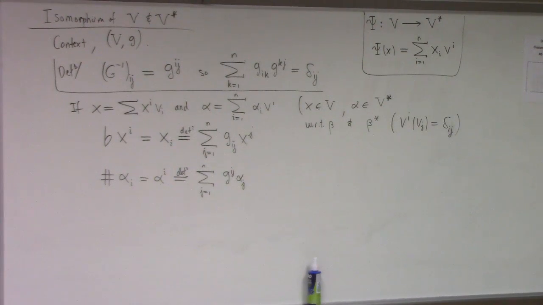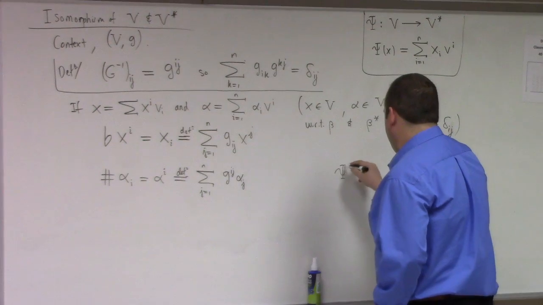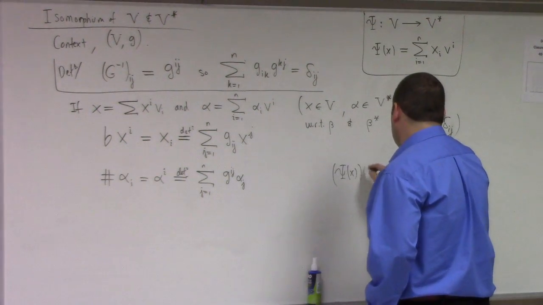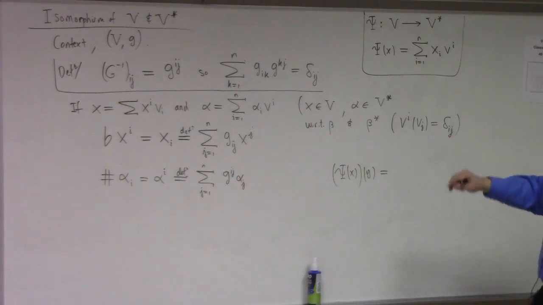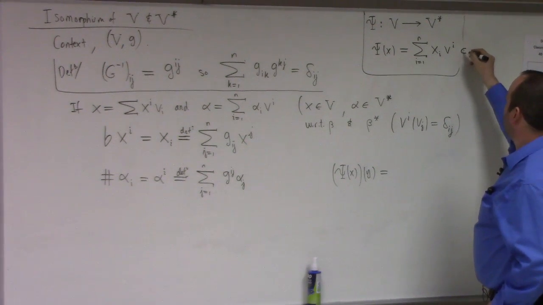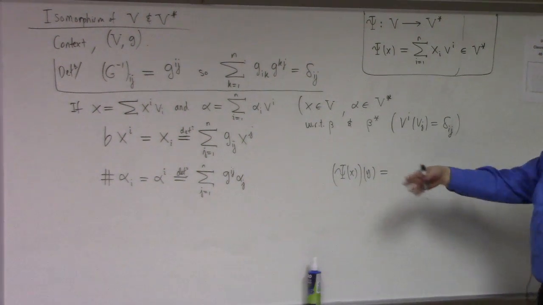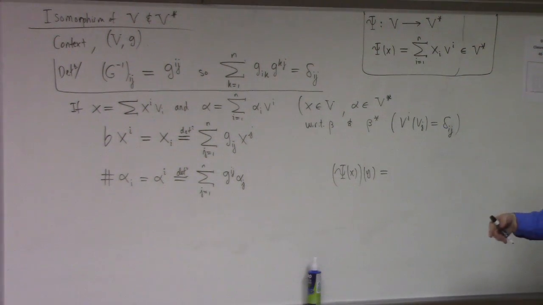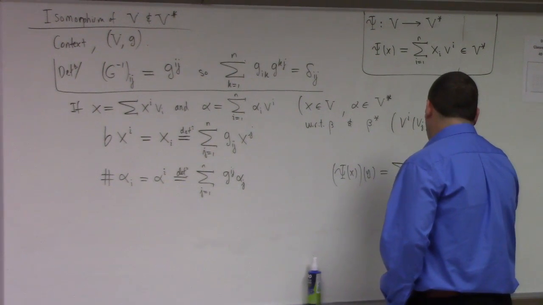All right, so check this out. Psi of x acting on y is what? This is an element of V dual, so you could feed this a vector and see what happens. You'd have the sum of x lower i, v upper i acting on y.